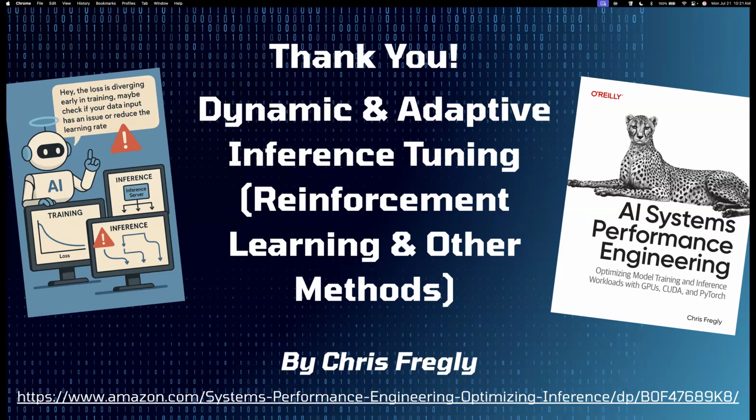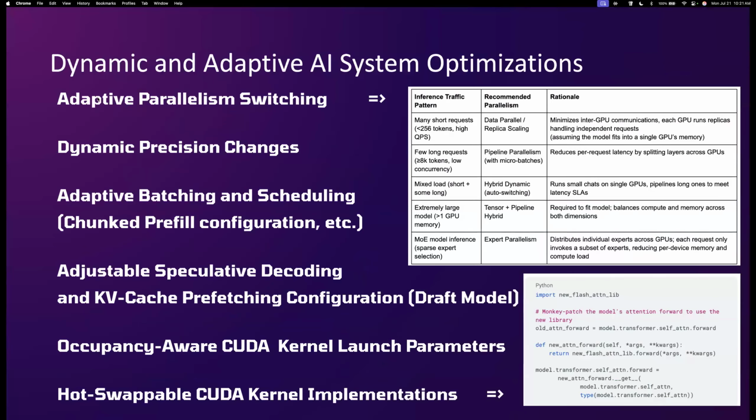Someone's asking a question that I probably skipped over here, but things like adaptive parallelism and dynamic precision changing are tricky. Especially for the KV cache, if you're making changes to precision or even parallelism, the KV cache has to be updated. But there are ways.